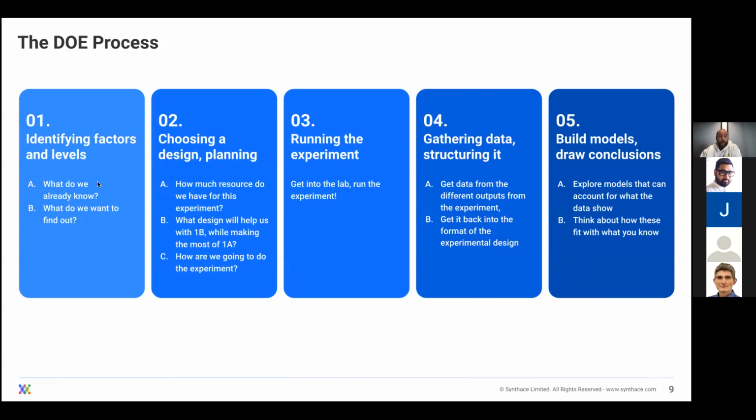For DOE, you start with literature reviews and gathering knowledge about the space you are interested in. And then, as a biologist, we would use statistical software to give us a design for the experiment. After you've designed, you go into the lab and run that experiment. Then you collect and structure all the data before creating models, visualizing them, and using your subject matter expertise to draw conclusions.